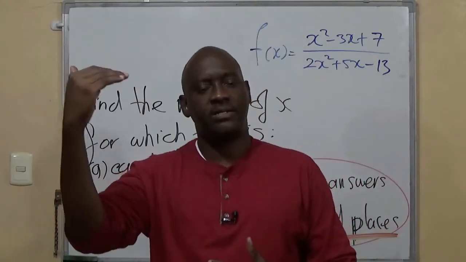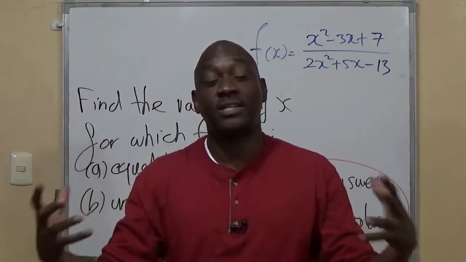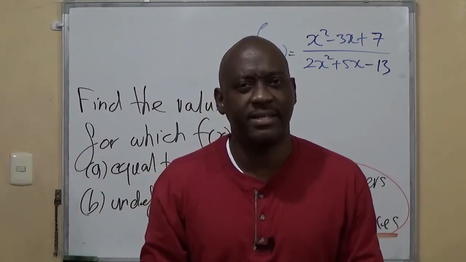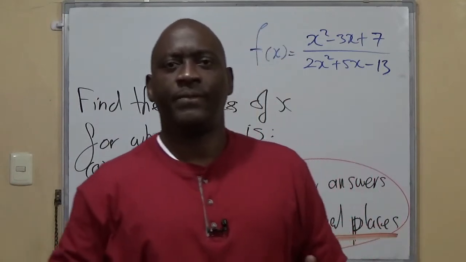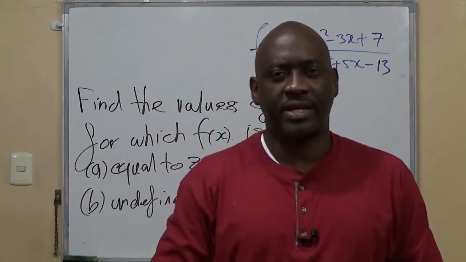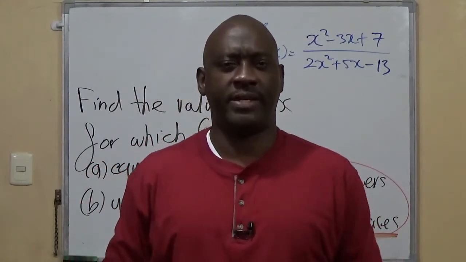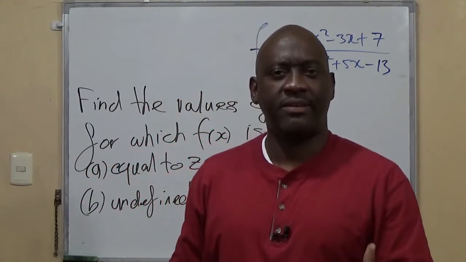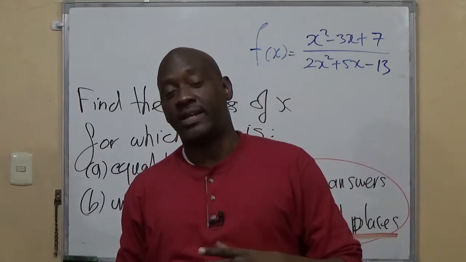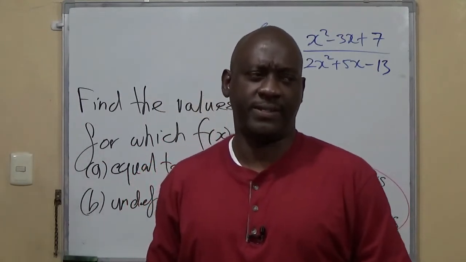And then we took it up a notch and we used quadratic functions in the numerator and the denominator, so that if we had to find the values of x for which the function was equal to 0, we ended up with 2 values of x. And if we had to find the values of x for which the function was undefined, we also ended up with 2 values of x.